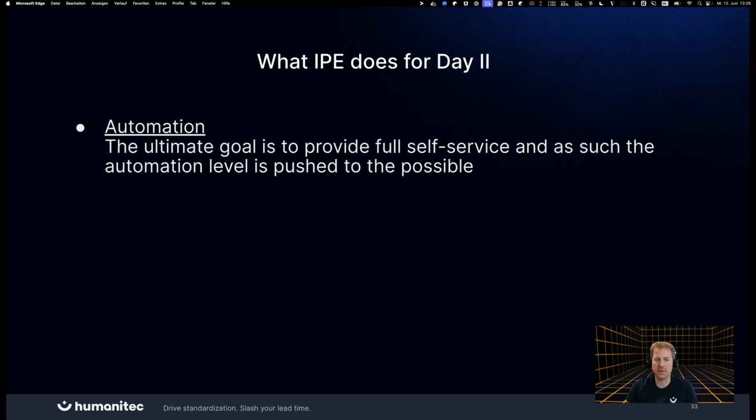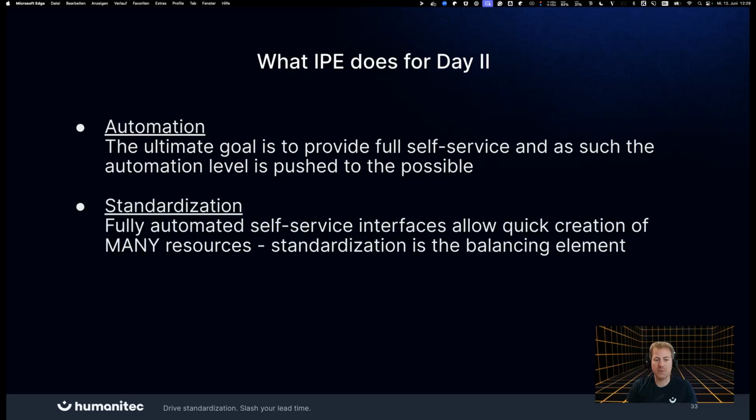It's really important. Thinking back once again, automation, it's the ultimate goal to provide full service, yeah, is giving you probably a lot of instances to worry about. The countering force to that is standardization. Yeah.